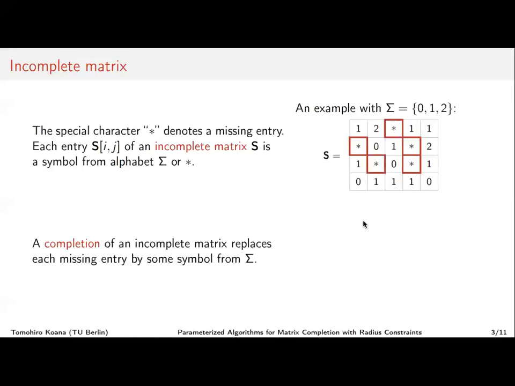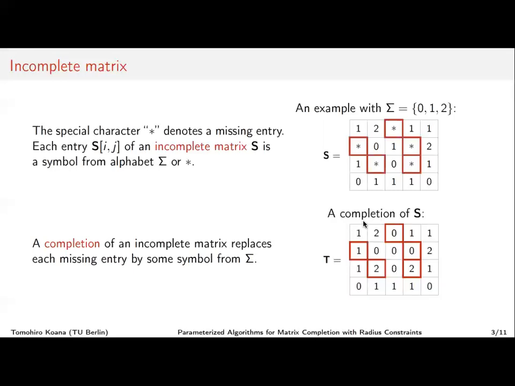By complete, what I mean is that we want to replace each missing entry by some character from the alphabet. So for instance, the matrix S above can be completed into this matrix T, where the first missing entry in the second row is completed by 1, and the third row's second missing entry is completed by 2, and so on.